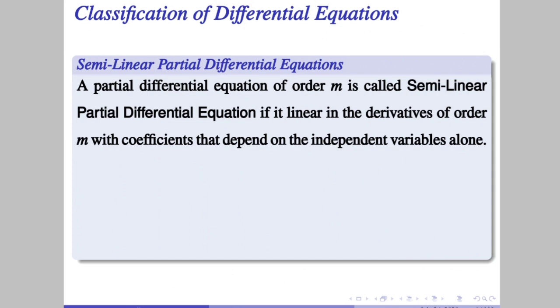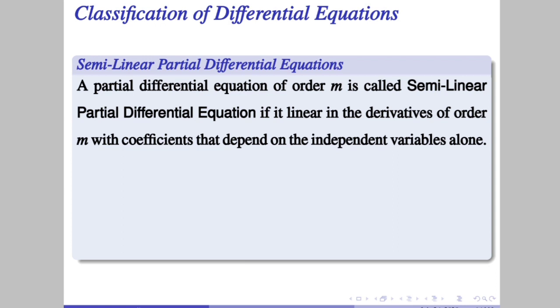Next, semi-linear partial differential equation. A partial differential equation of order m is called semi-linear if it is linear in the derivatives of order m with coefficients that depend on the independent variables alone.